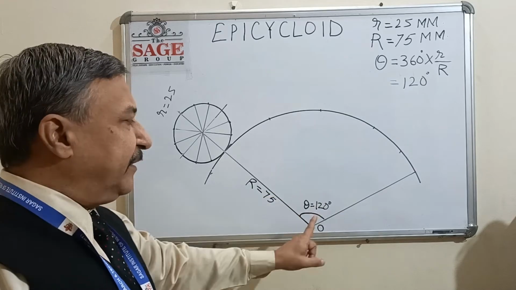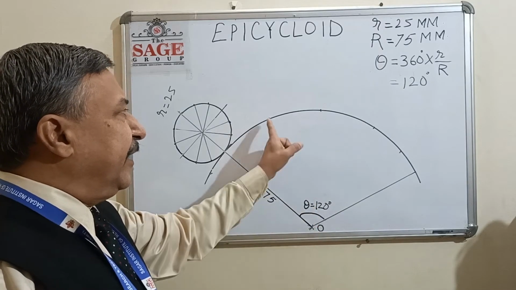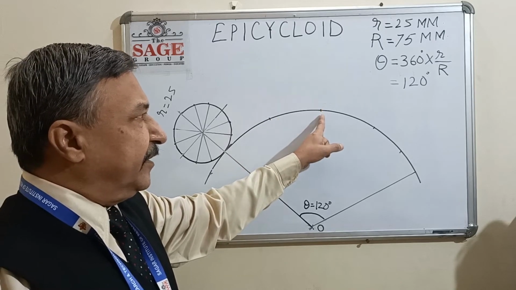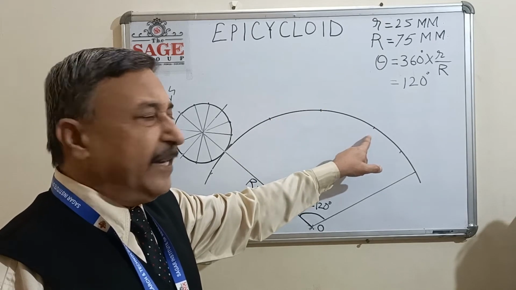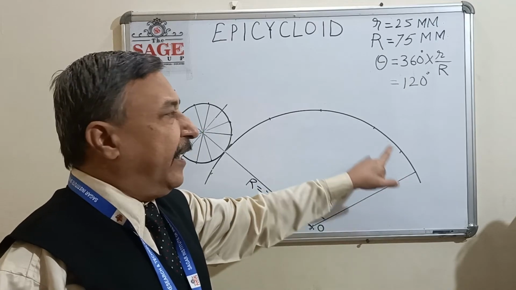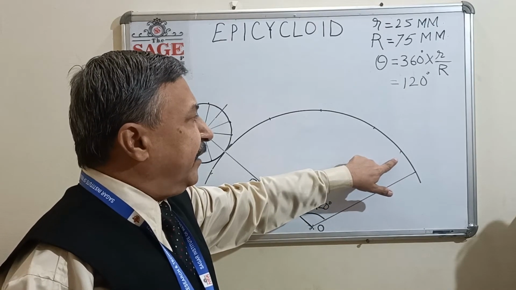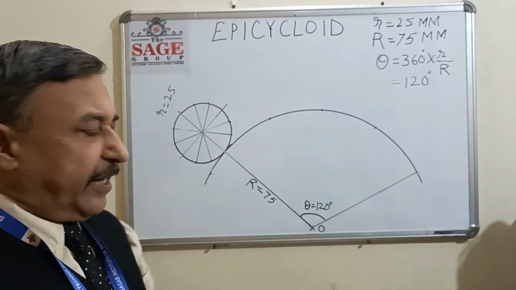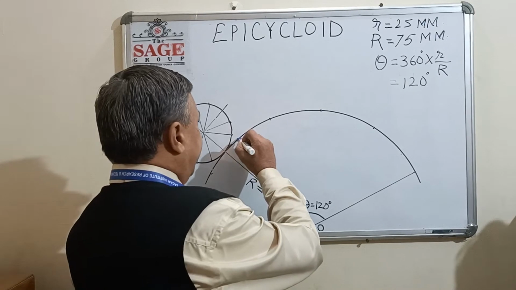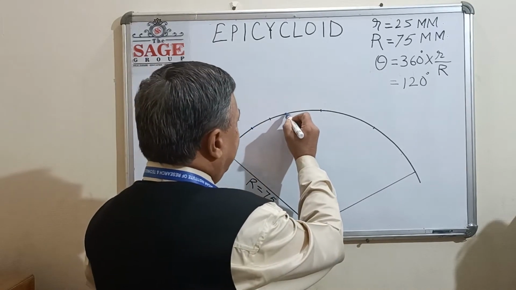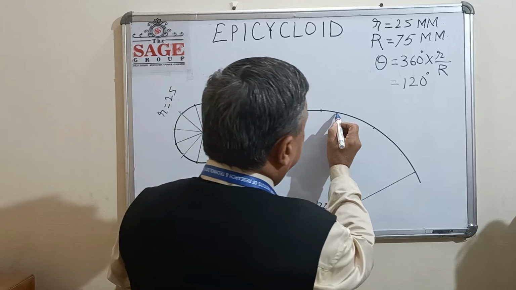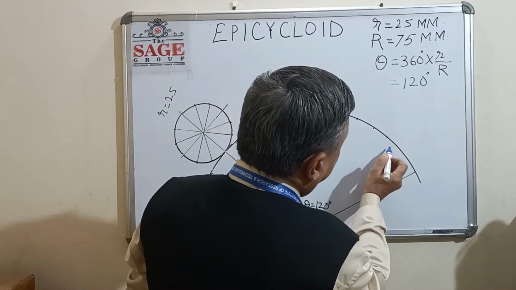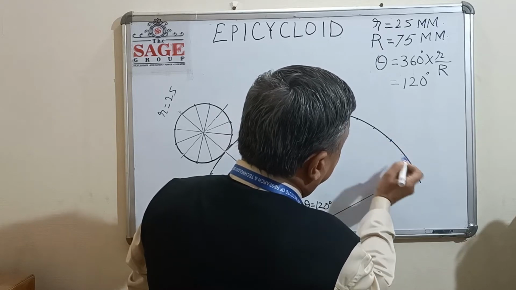Otherwise, another method is we divide this 120 degrees into 4 equal parts, that is 30 degrees, 60 degrees, 90 degrees and 120 degrees, and then by trial and error we can divide each into 3 equal parts. Whatever method you want, you can use for dividing this curved path into 12 equal parts.